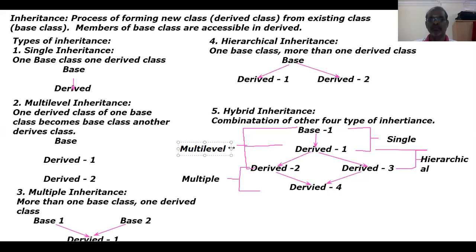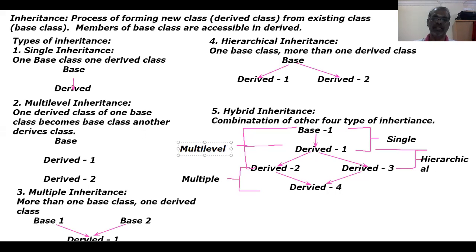So we can confirm hybrid inheritance is a combination of single, multi-level inheritance, multiple inheritance, as well as hierarchical inheritance.